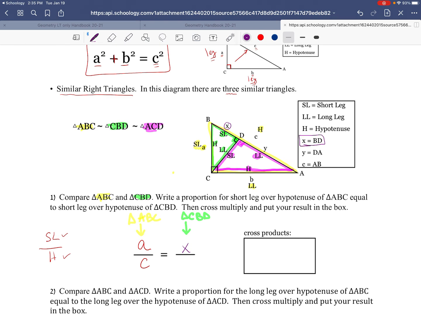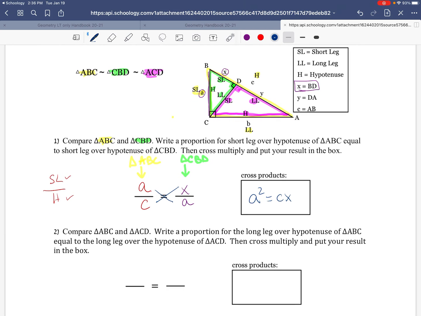Then the hypotenuse of that small green triangle is this length BC, and BC is really length a. So the short leg to the hypotenuse of the green triangle is x to a. Now cross products means that I multiply across. I get a squared is equal to cx.